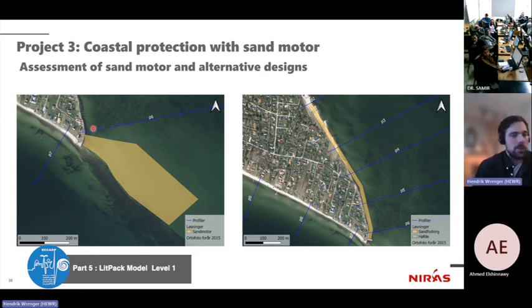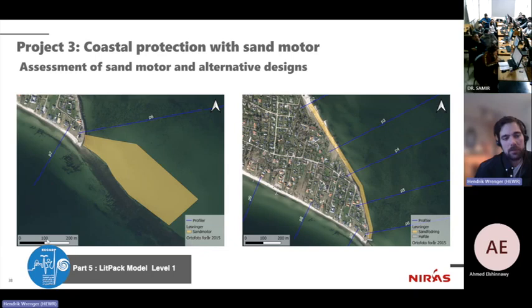And from that, we found that there are some events where you have a rather strong transport in the southern direction. So if you get such an event immediately after the sand was placed here, you would lose a large quantity of that sand motor. So the long-term distribution of the sand northward would never happen if you're unlucky and you have such an event immediately after placing it.